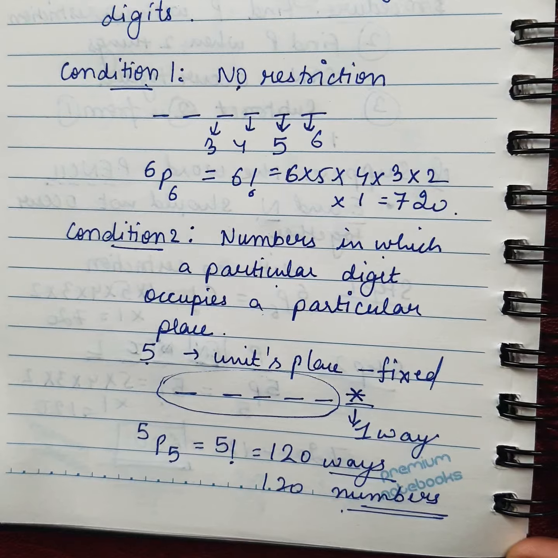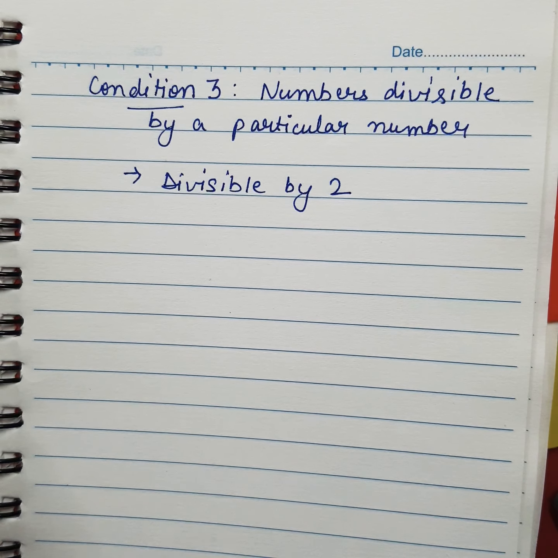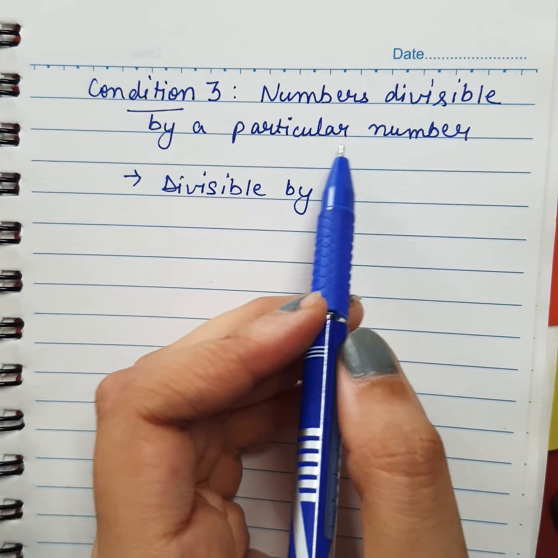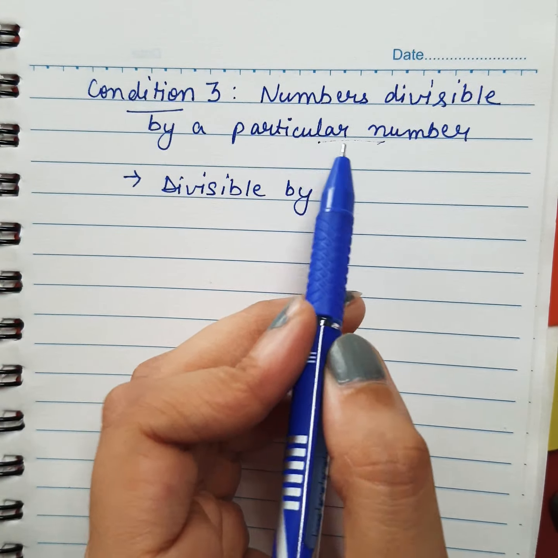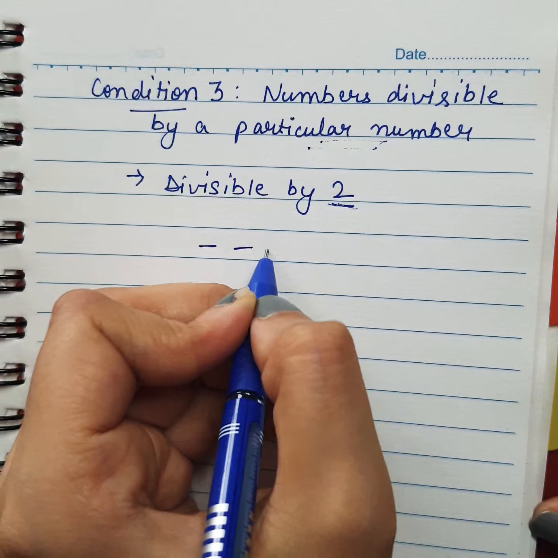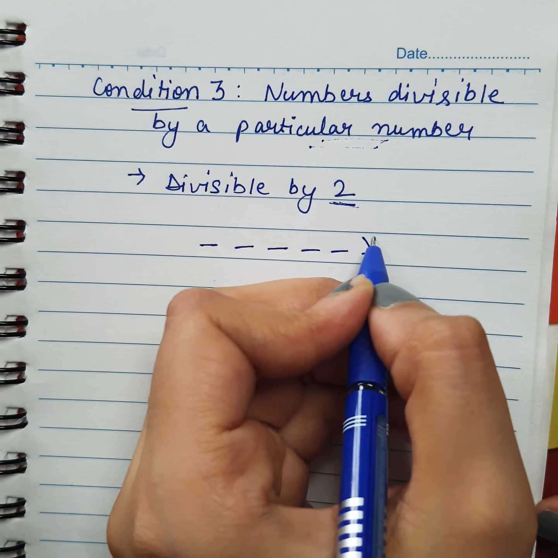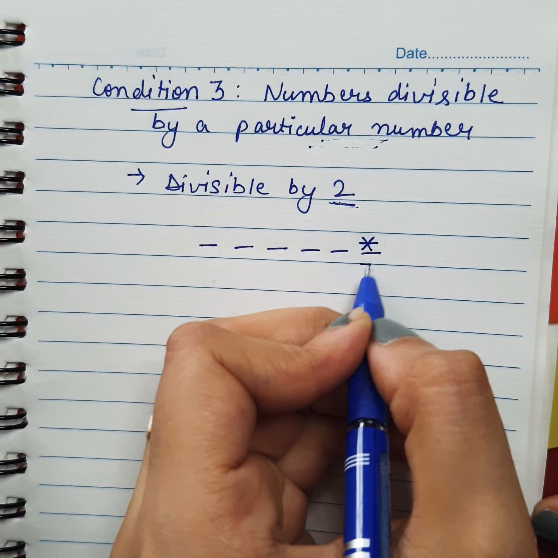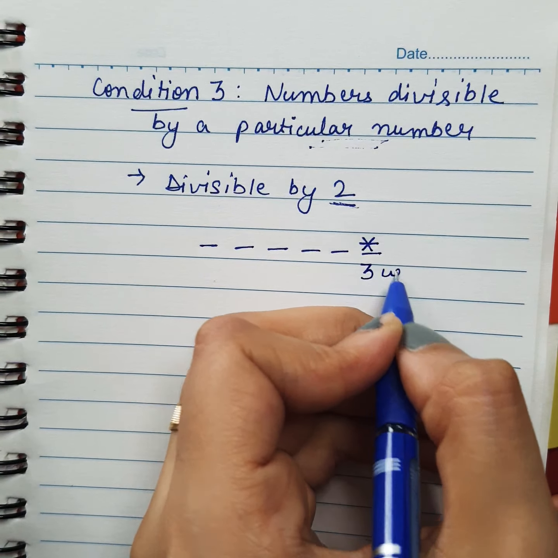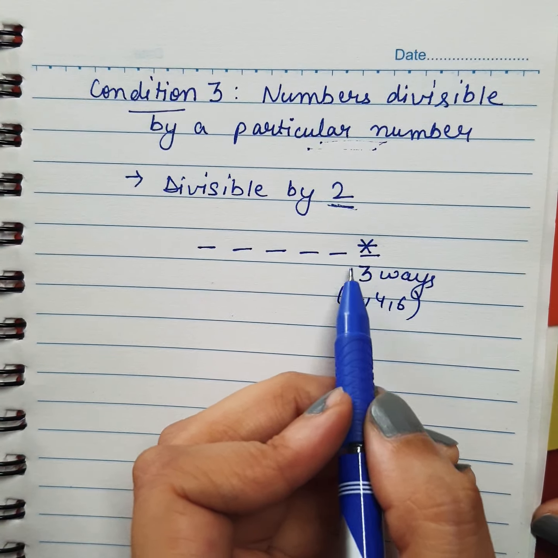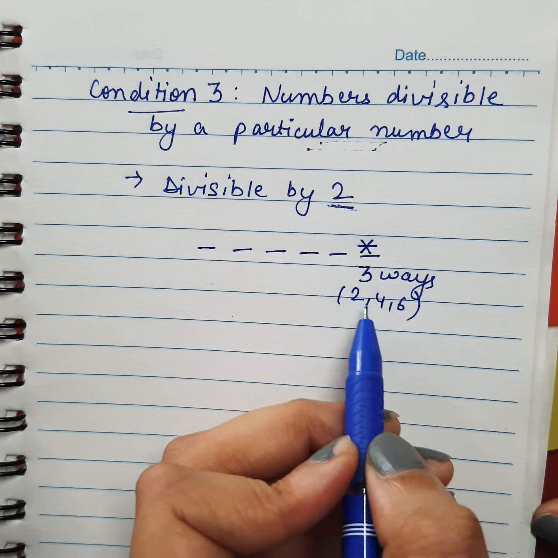Let's see the third condition: numbers divisible by a particular number. So I have to form, for example, all the numbers which are divisible by 2. That means again 6 places. This place can be filled in 3 ways, and the 3 ways are whether the number will be 2, 4 or 6. So out of the 3 ways, one number will be filled here.